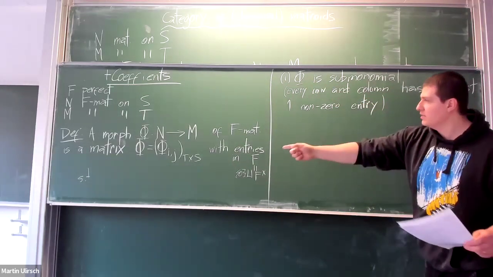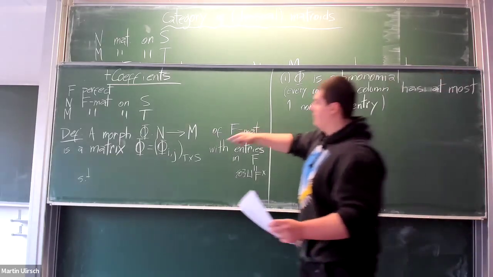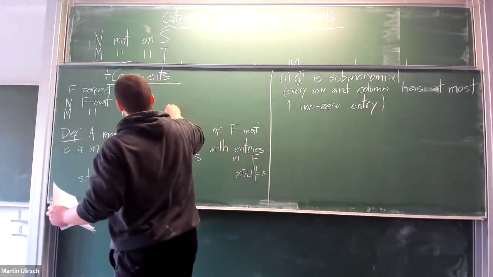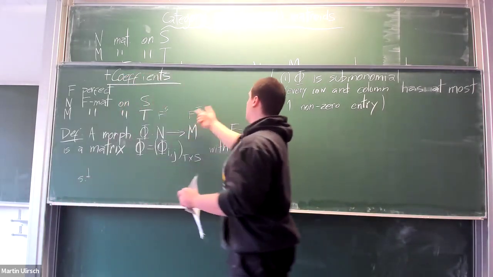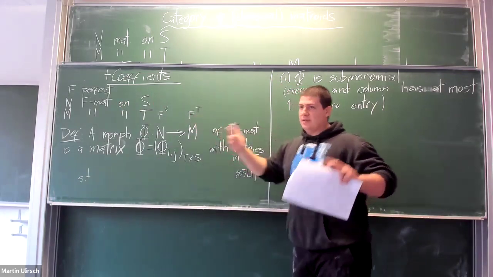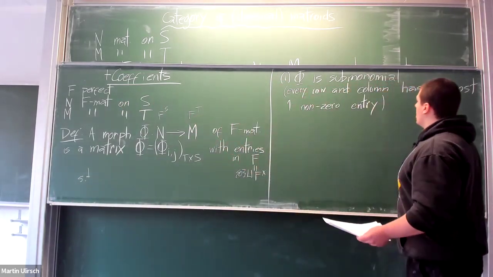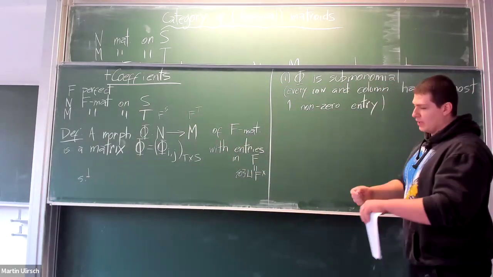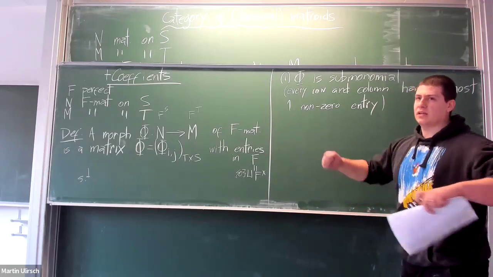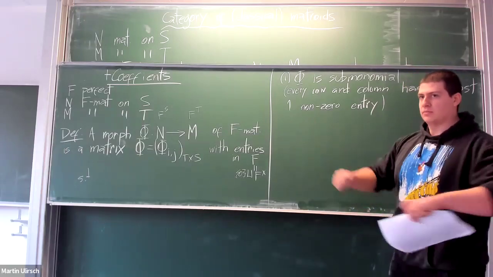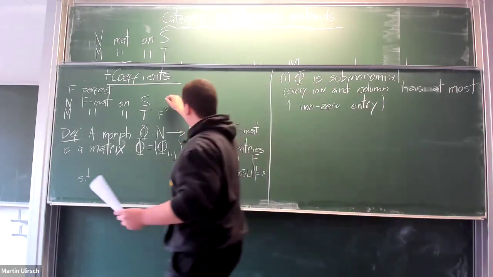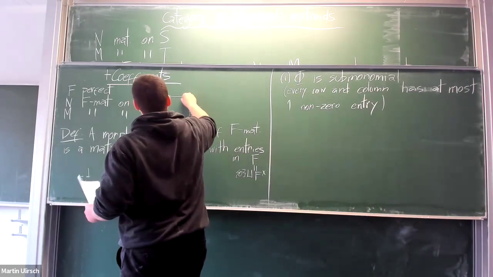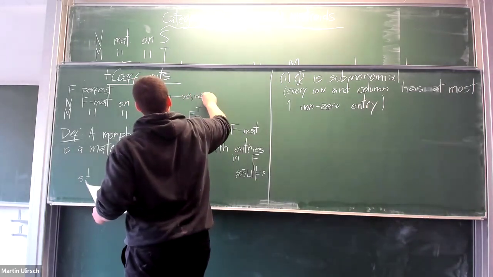It sends bases of F to S to a subset of a basis of this one. And we can multiply by a scalar also. We can deform the elements of the bases, but we don't want things like 1, 1, 2, 1, 2, 2.